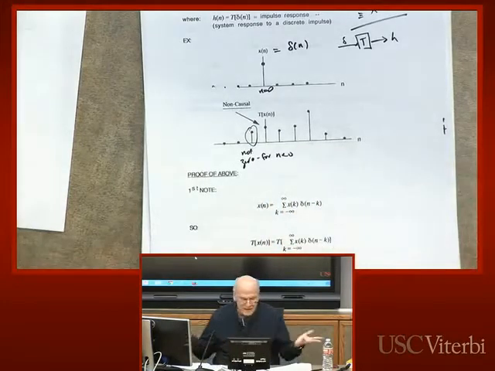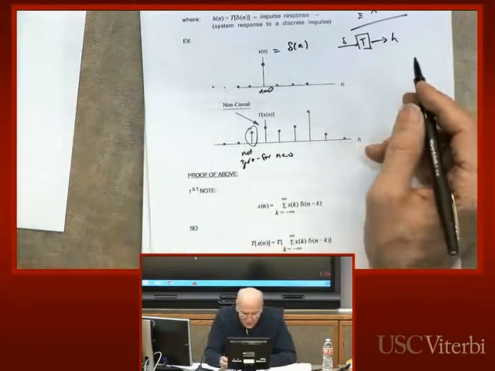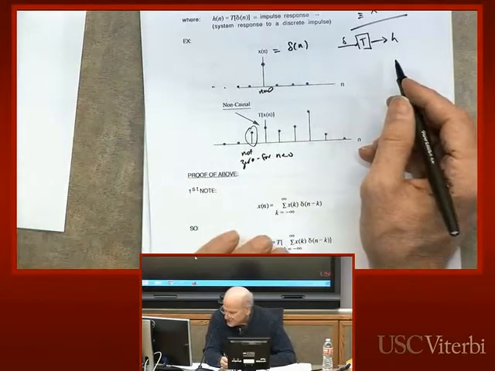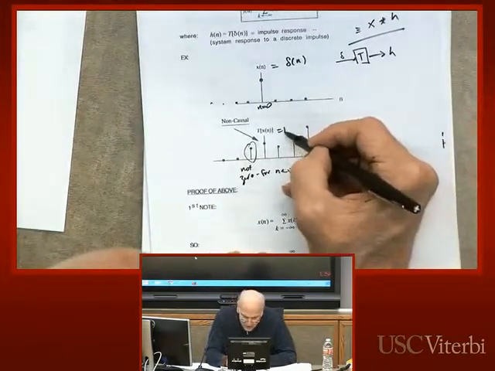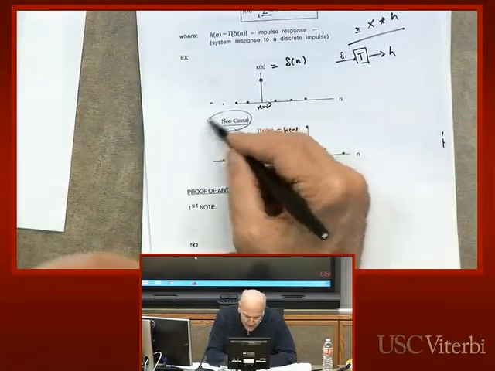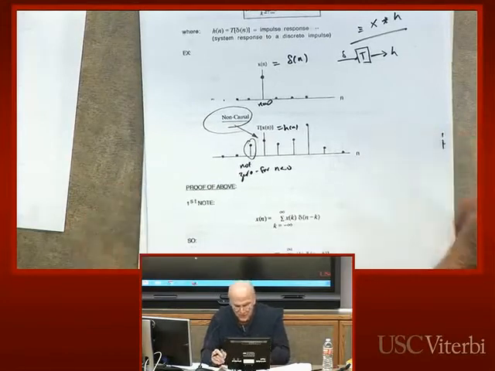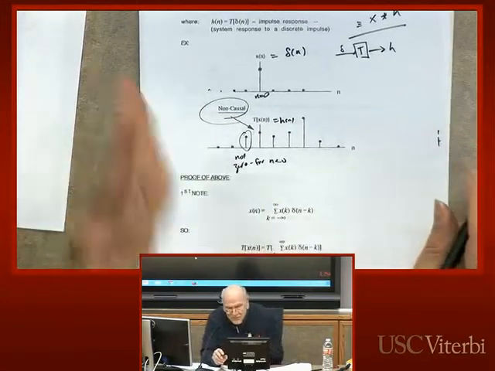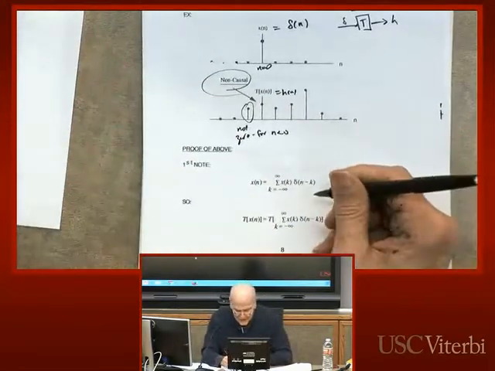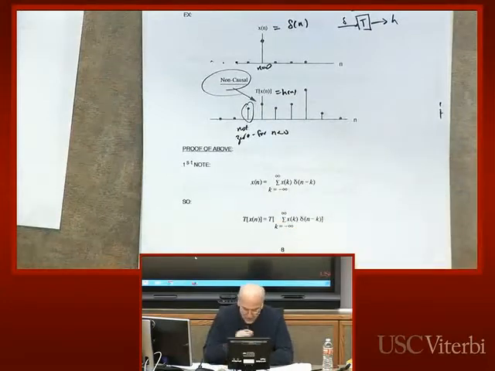Systems like this can be perfectly well-defined linear shift invariant systems, but they are called non-causal systems, whether they're linear shift invariant or not. I just thought I'd throw that out there. We'll come back to that notion in just a few moments.